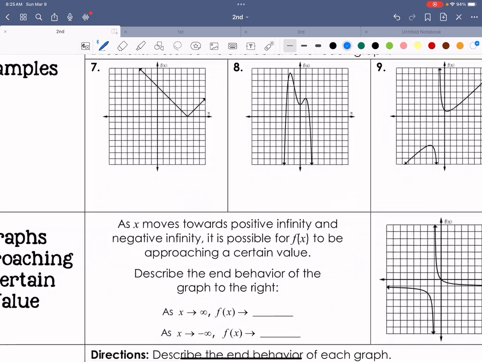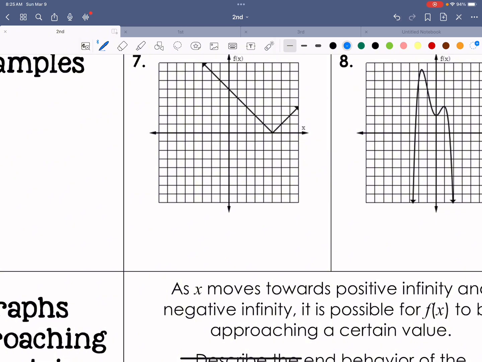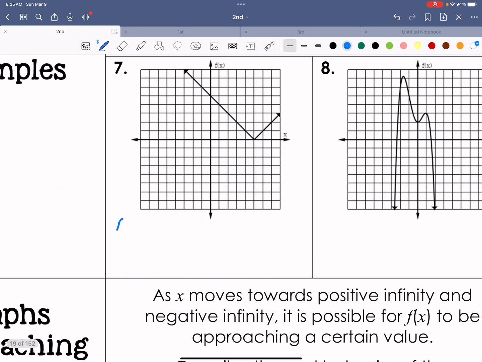And I'm going to start off on number 7. I'm going to write as x approaches infinity, f of x approaches blank, and as x approaches negative infinity, f of x approaches blank. Now all I need to do is fill in the blank.